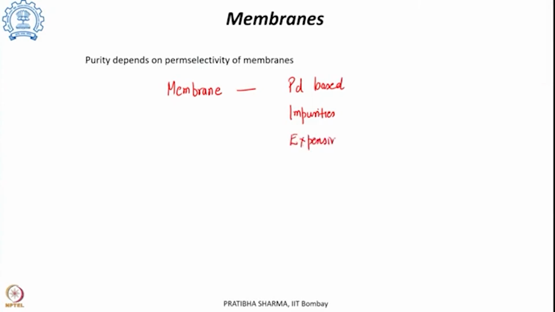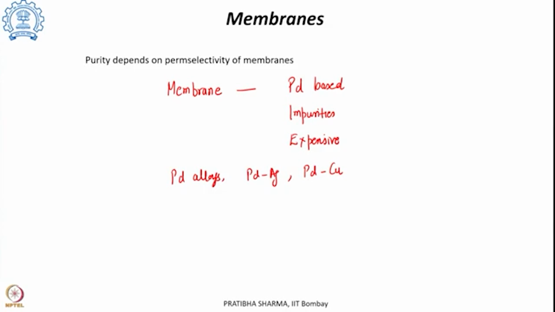So, there are alternate membranes which are researched. Palladium alloys, palladium silver or palladium copper based membranes, are considered for the hydrogen membrane reactor.